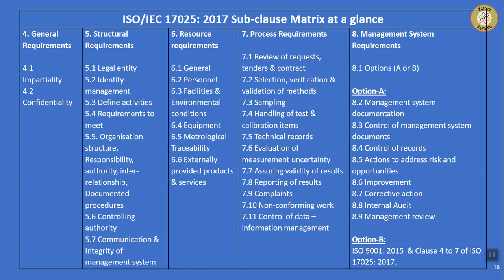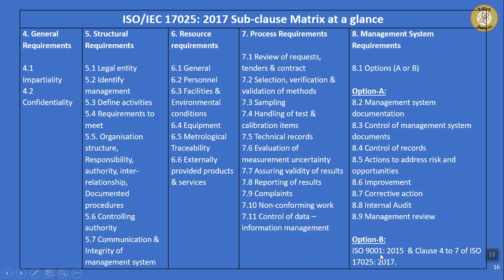There is another option here for management system requirements. One can go for option B also. Suppose you are a parent manufacturing company and you have your internal laboratory, and you have an ISO 9001:2015 certification for your company. That part meets most of the requirements of these management system requirements. So you can go for option B, where the ISO 9001 documentation will be sufficient.